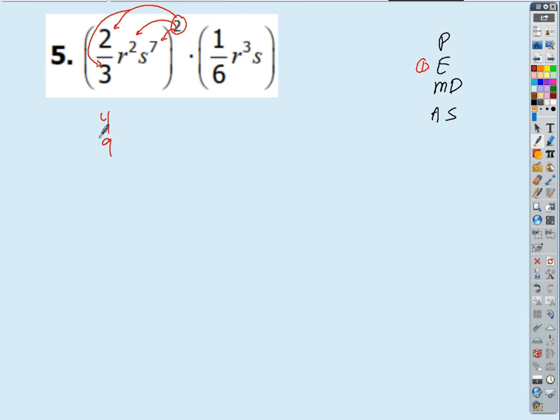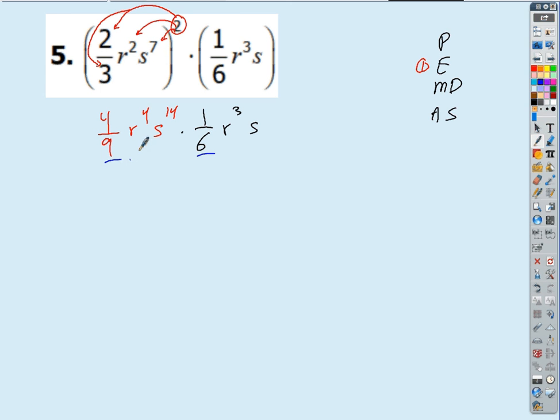4 ninths r to the 4th, s to the 14th. Good. Okay. Times 1/6 r cubed s. So now, what do I do here? Okay, I mean, kind of, not really technically like terms, but we're going to multiply in a convenient order, right? We'll multiply the fractions first.